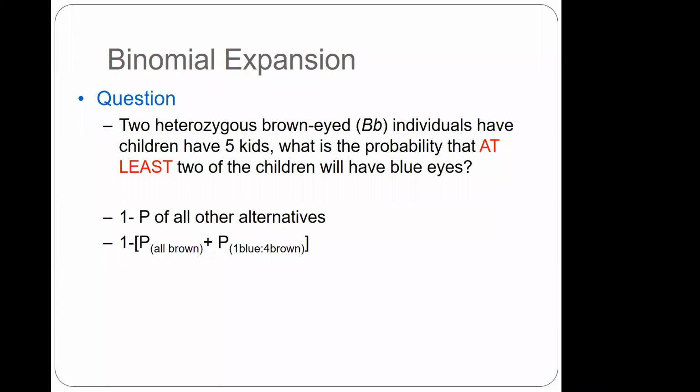Yep. All 5 kids? Yep. So how many different ways are there to get at least 2 kids? 4 different ways to get 2 kids, and we know already there's a 26% chance of getting the 2 kids. So what we have to figure out is, well, what's the likelihood that we actually got 3 kids? What's the likelihood that we actually got 4 kids? What's the likelihood that we get 5 kids?